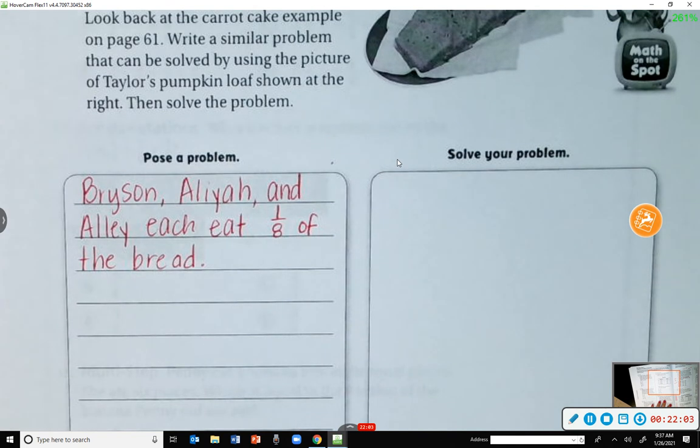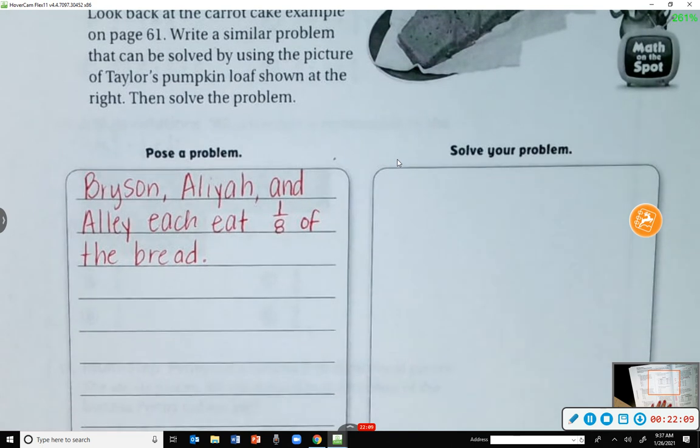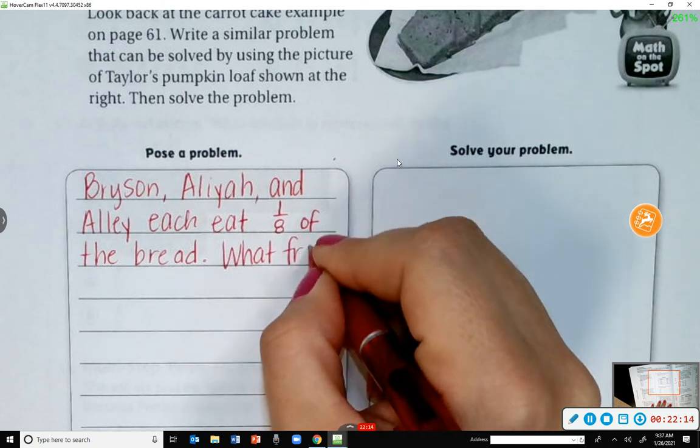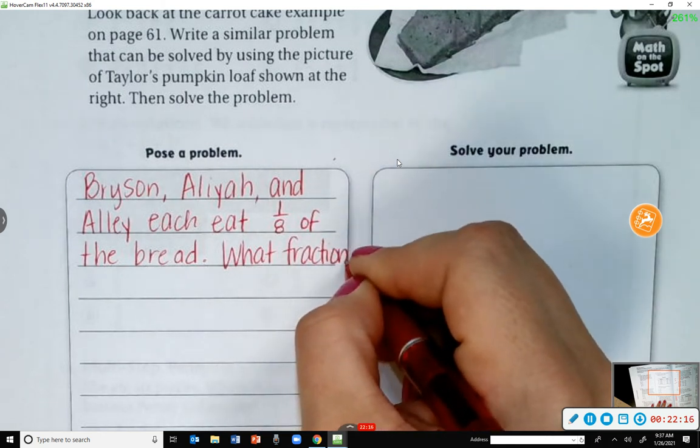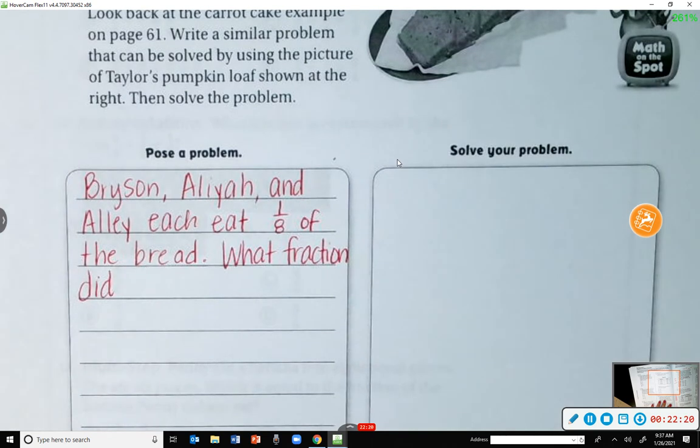What could our question be now? Oh. Kelsey? What fraction? I'll get you started. What fraction did Aaliyah and Allie and Bryson do in all?